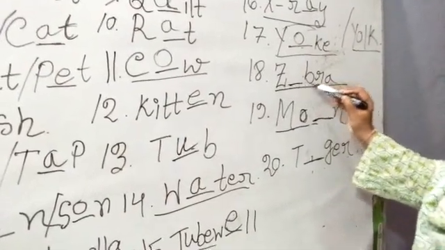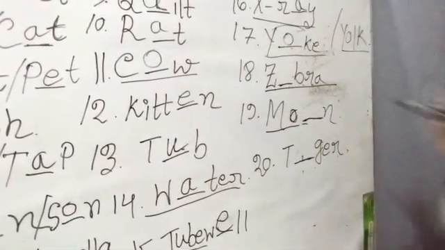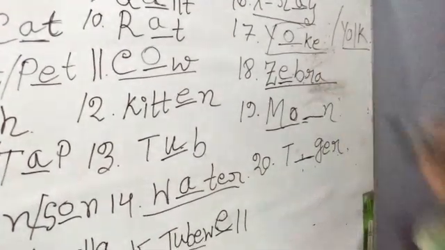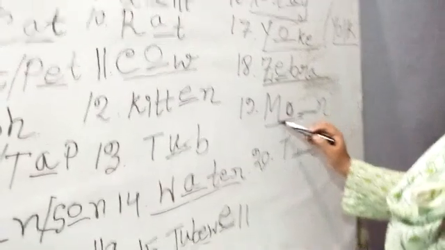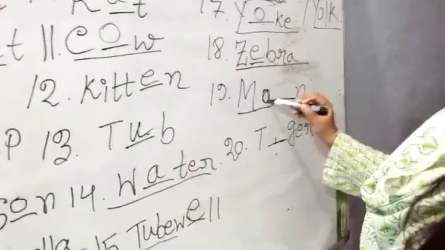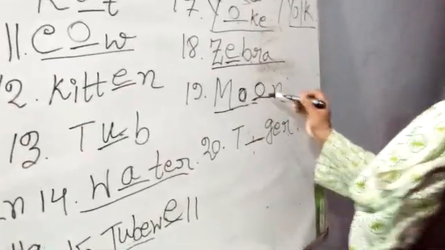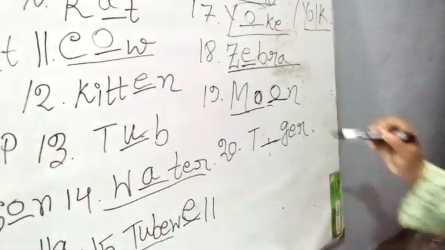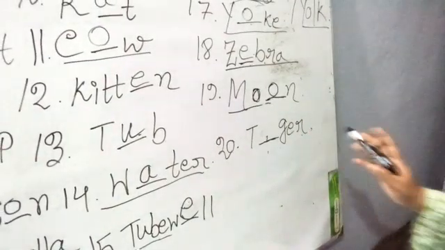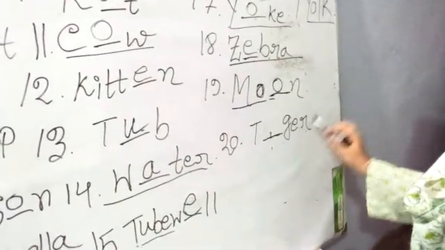Then Z dash B R A, if I put E here, it becomes an animal, that is zebra, the street animal. And without any hesitation, you will put O here in M dash O N, because you know very well what it means. It is moon. Then the last one is T dash G E R.